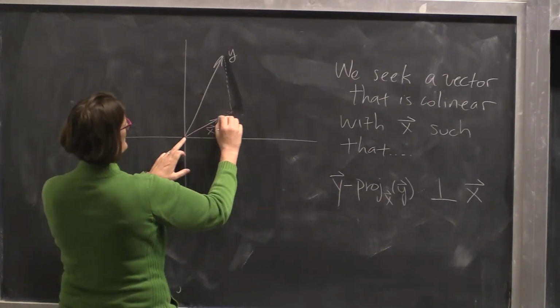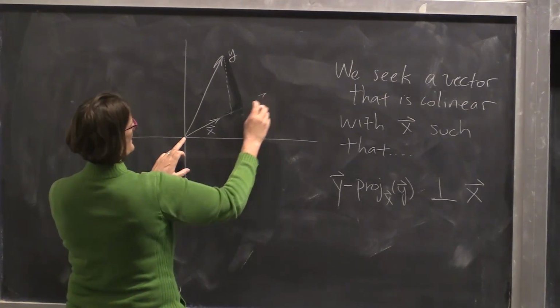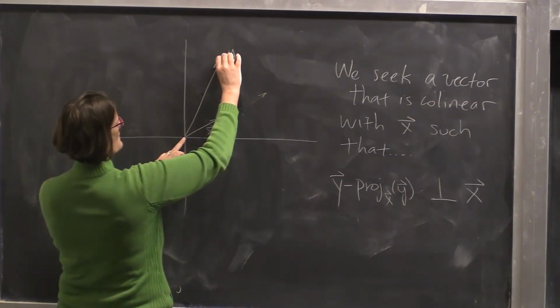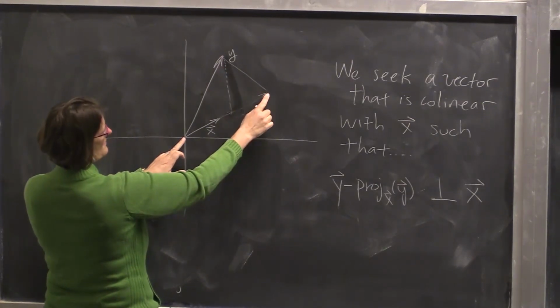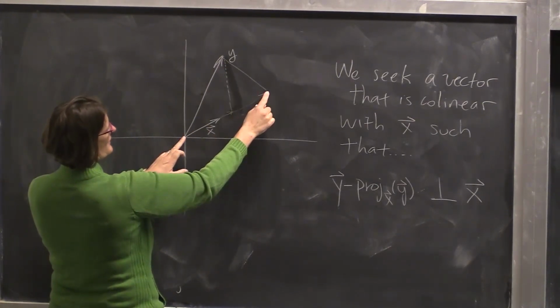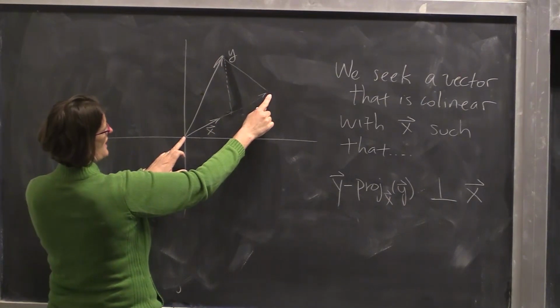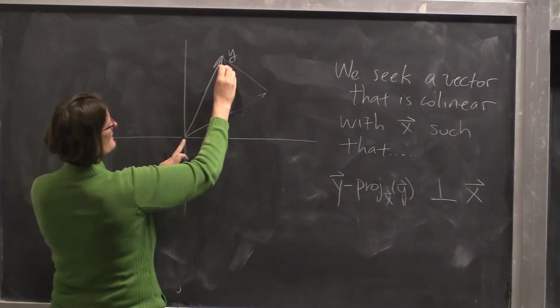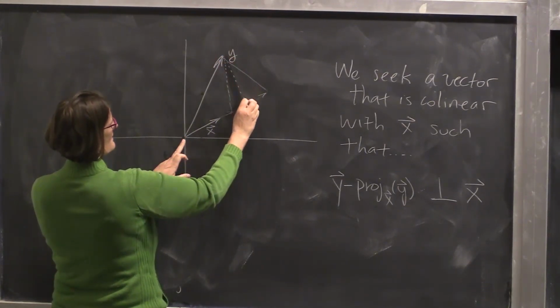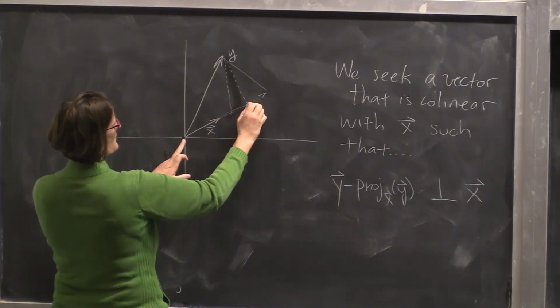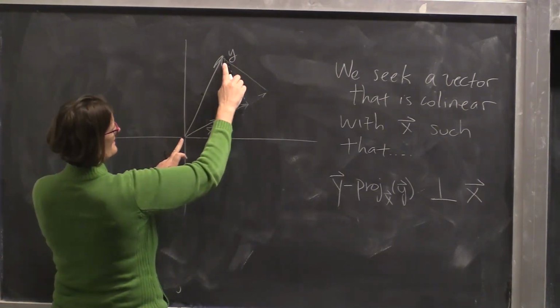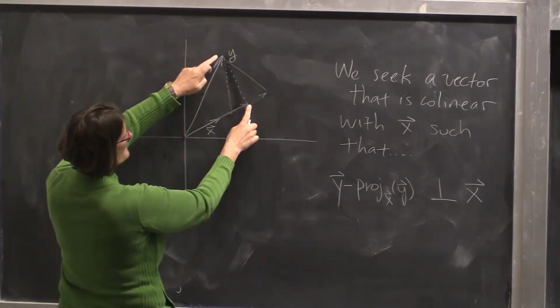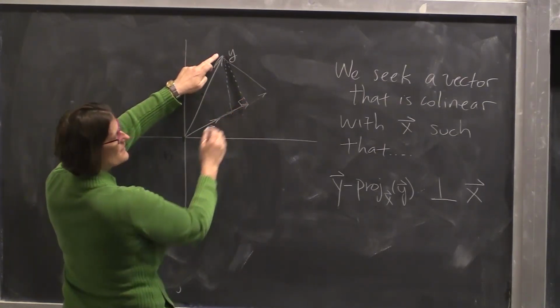If I multiplied x by something too large, then when I computed y minus this vector, I would get a new vector which is not perpendicular to x. I'm seeking some multiple of the vector x so that when I compute y minus it, I get a right angle.